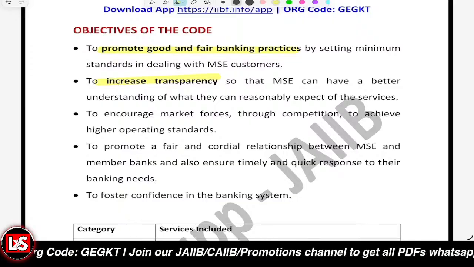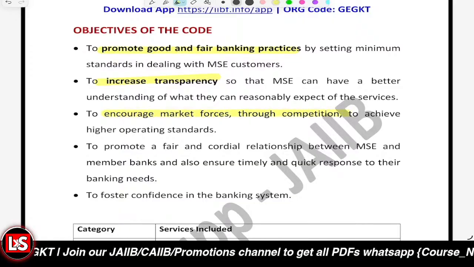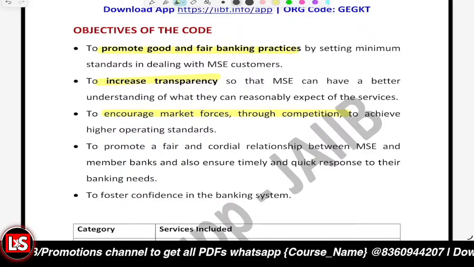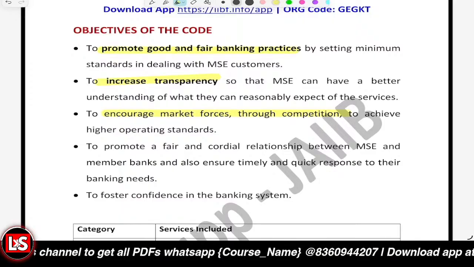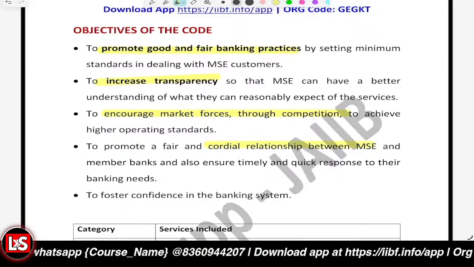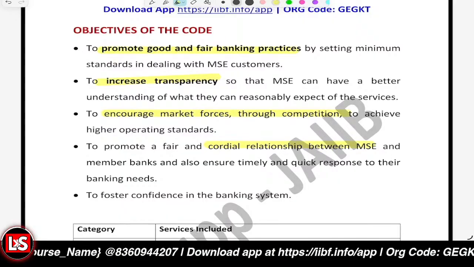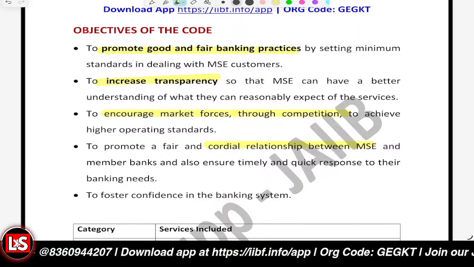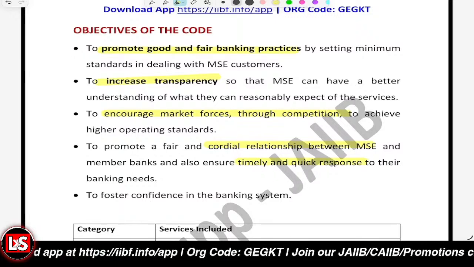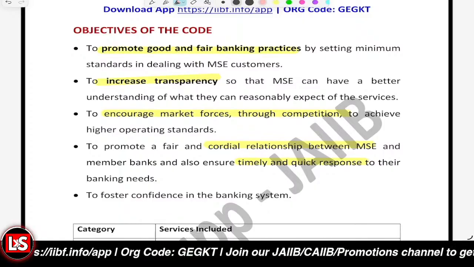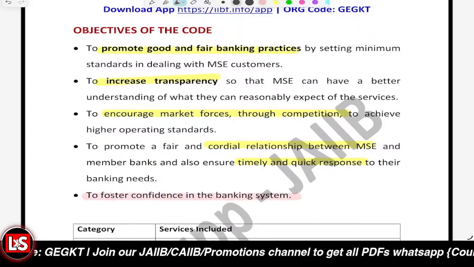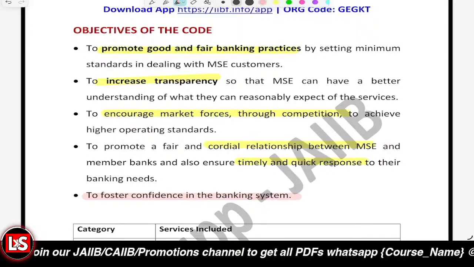And to encourage market forces through competition, so as to provide much better services to the MSEs, and also to build a cordial relationship between the MSEs and the member banks, and timely services are to be provided to them. The services should be quick and timely. And when you handle the customers properly, that will increase trust and confidence in the banking system among the MSEs. So those are the objectives of it.